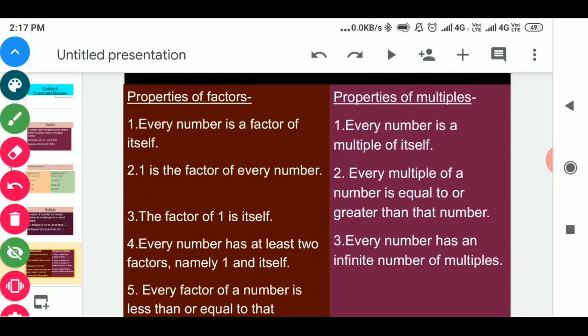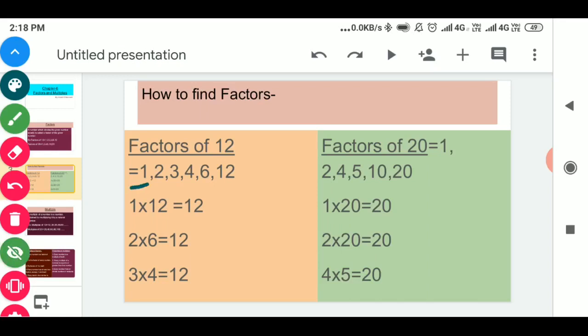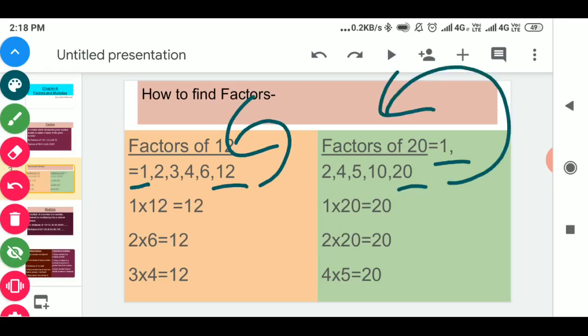Next is every number has at least 2 factors, namely 1 and itself. When you have to find the factors of any number, there will be at least 2 factors, that is 1 and itself. If I talk about the factors of 12, here you can see 1 and 12 will be factors of 12. Here 1 and 20 will be factors of 20.